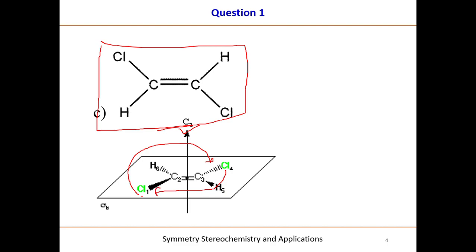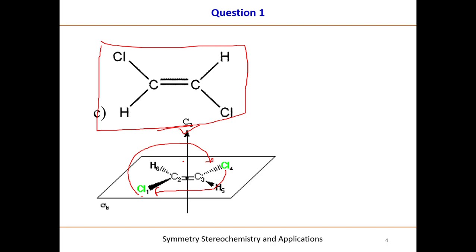That means it will again become an indistinguishable image of the original one. Not identical, but indistinguishable, because the atoms are not in the same place, the atoms are moving, but because the atoms are the same, it looks like an indistinguishable image. That's why we call it indistinguishable. And here a C2 axis is present.